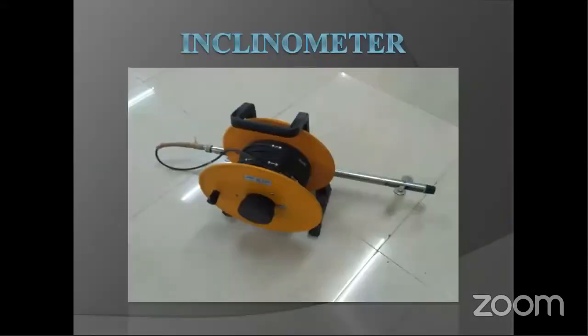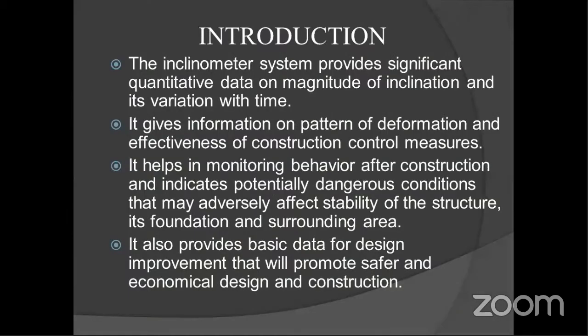So this is how the inclinometer looks like. It is nothing but a simple thing, like a simple application; it works like a plumb, which we normally use in our construction field.